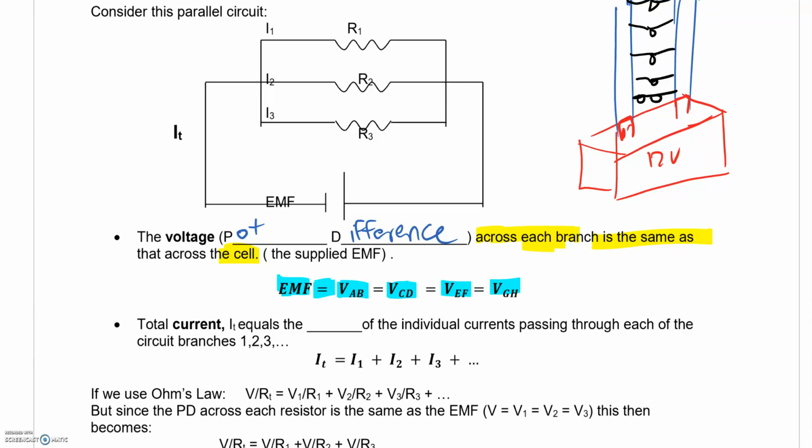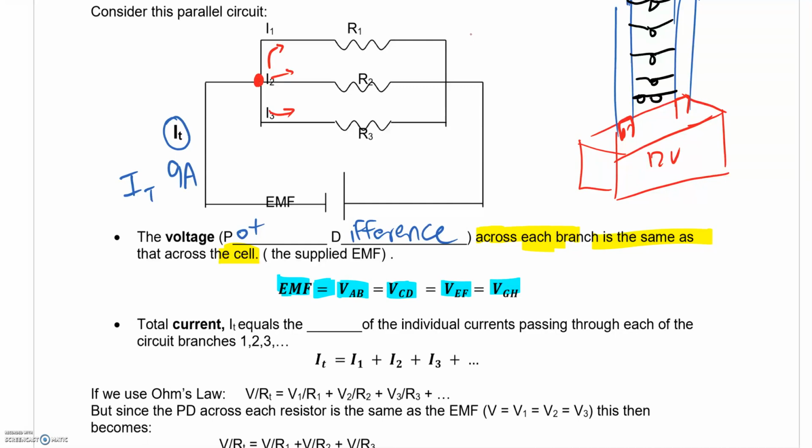I'll use a nice easy example. Say I've got 9 amps going through there, and I'll call that our total current. I just picked a number, 9 amps. When it gets to that point there, just like a retic system, it splits up into I1, I2, and I3.